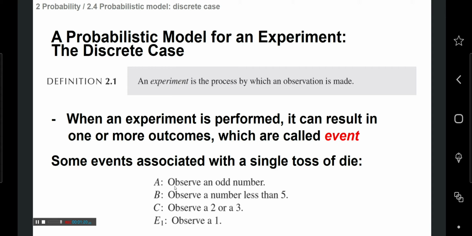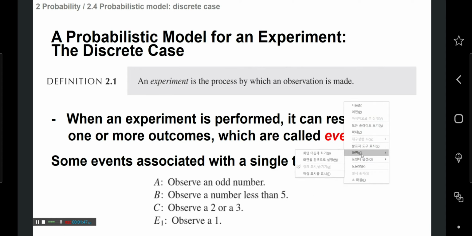Let's look at what events are. Set A can be an event. A is observe an odd number. B, observe a number less than 5. C, observe a 2 or a 3. E1, observe a 1. These four sets are examples of events, and we can specify them as sets.